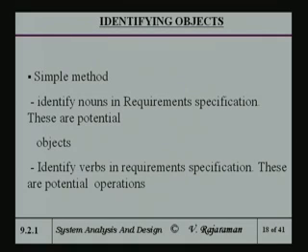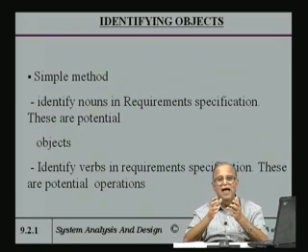Now the greatest difficulty, the most interesting and most difficult problem in object-oriented system design, is to identify objects. What are the objects in an application? There is again no algorithmic method of identifying objects.